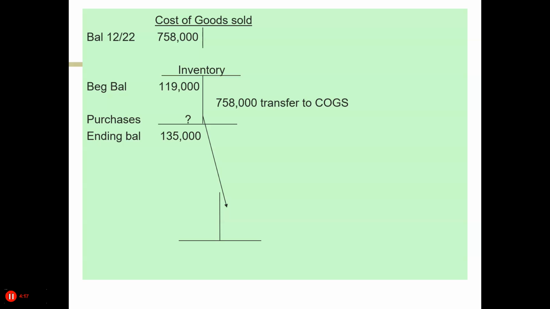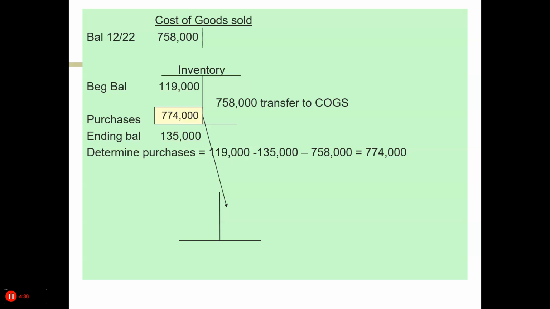Now we know the beginning balance, we know how much went out, we know the ending balance, and now let's determine purchases. So for purchases, we know that we started with 119, we still have 135, and we transferred out 758. So that tells us our purchases are going to be 774.